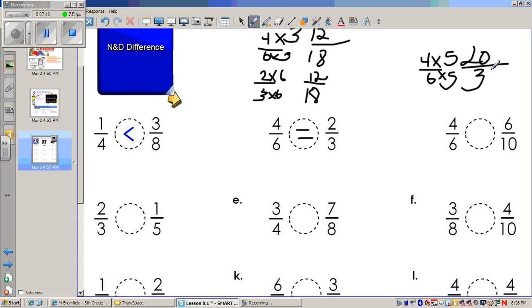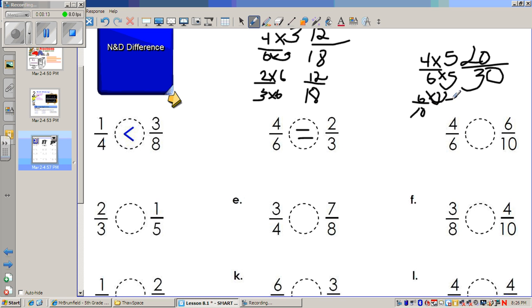And I apologize, because this is really getting kind of icky. Then I would do my 6/10, and we'll give it our best shot. I know 10 times 3 is 30, so 6 times 3 is 18, correct?